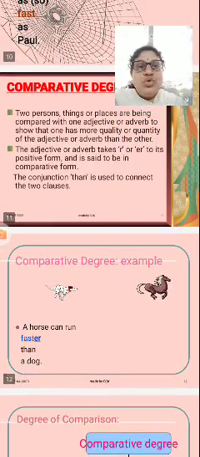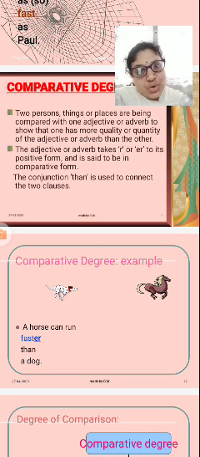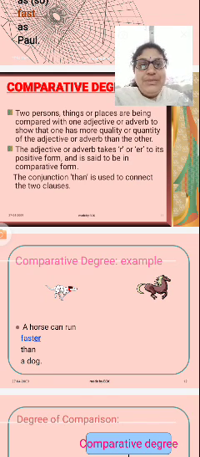Two persons, things, places, animals or birds are being compared with one adjective or adverb to show that one has more quality or quantity of the adjective or adverb than the other.